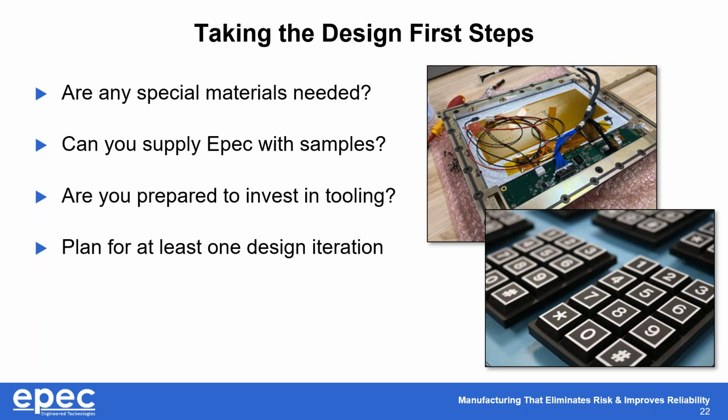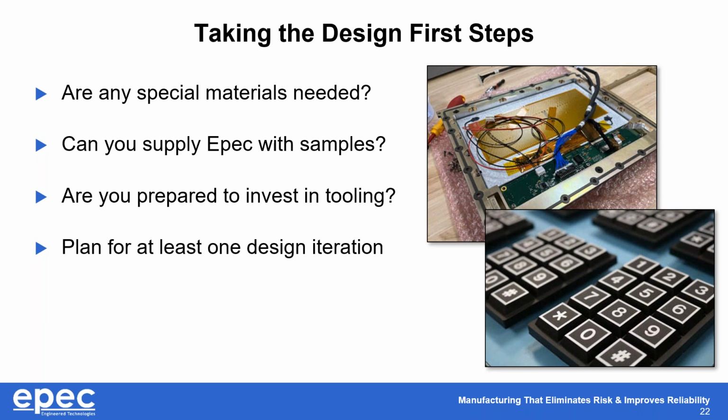Lastly, and most importantly, we always suggest that you plan for at least one design iteration. That's important because all of these products are effectively a guess and check. You're coming to us to try to make something that we have never made before, and we're using all the available resources and information at our fingertips to try to recreate that.